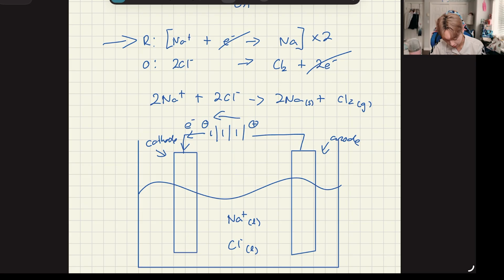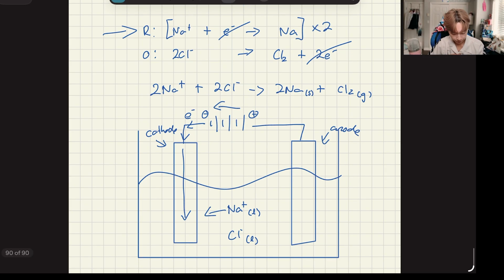So electrons travel down here, and then they're going to react with our sodium ions in the molten salt, and that's going to form our solid Na over here. So around here we're going to have just some solid chunks of sodium.